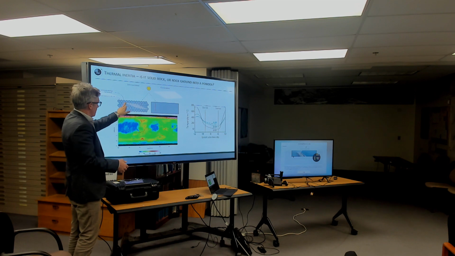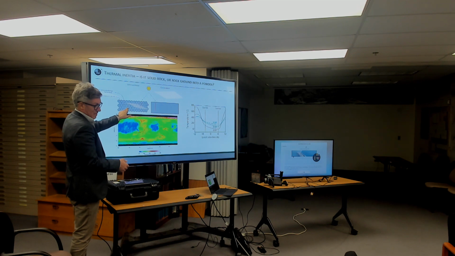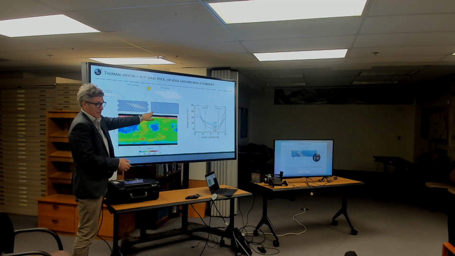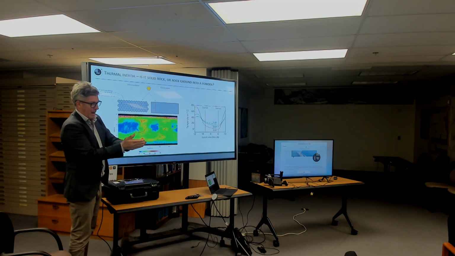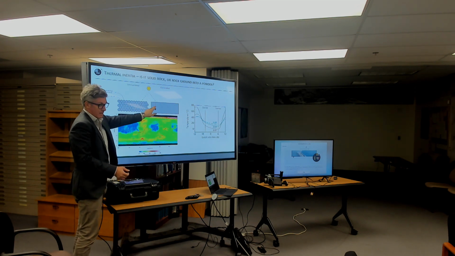So what that means is heat transfer by conduction from the surface down is much less efficient for the granular material than it is for the solid material. Conduction is not impeded here because I've got solid on solid and I can just pass that wave down. Whereas here I have these voids which are basically resistant to conduction. So conduction isn't as effective in the granular material as it is in the solid material.